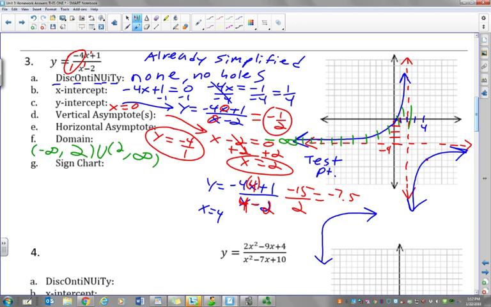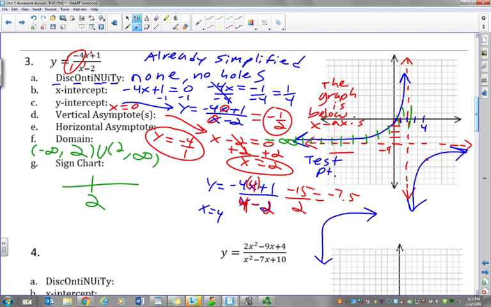So there's our domain. Then our sign chart is going to use our vertical asymptote at x equals 2, and wherever we're above and below. This actually might be trickier than I taught in class. Over here we have a negative symbol because the graph is below the x-axis here, so we put a negative symbol.